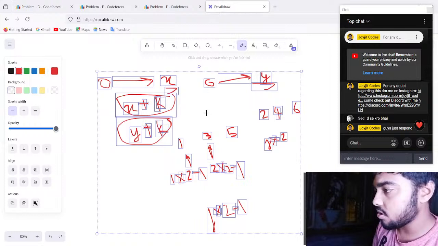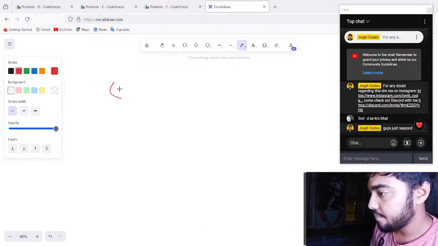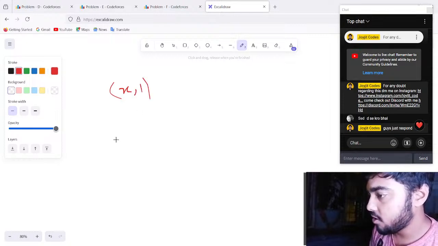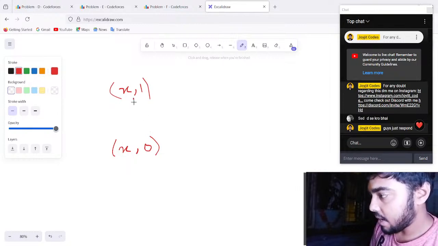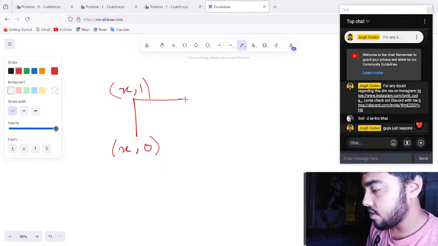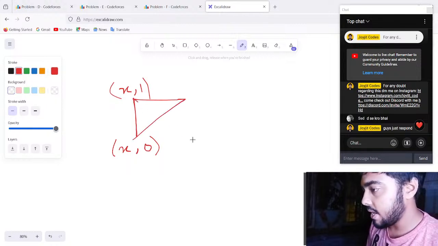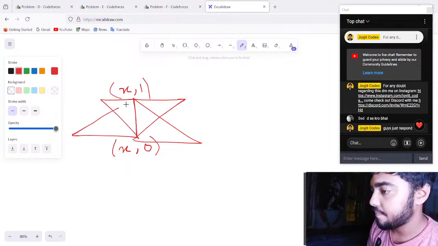Now what about the remaining right angle triangles? Let's say we have a point over here, x, 1, and a point over here, x, 0. Apart from the first condition I was discussing, we can draw a line over here. Now if we connect any point to it, it doesn't matter which, it will form a right angle triangle.